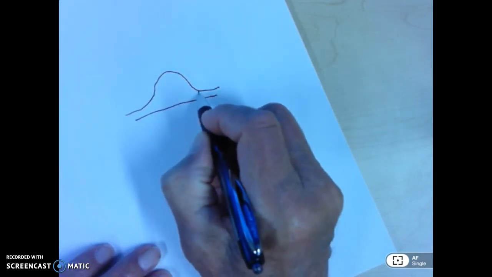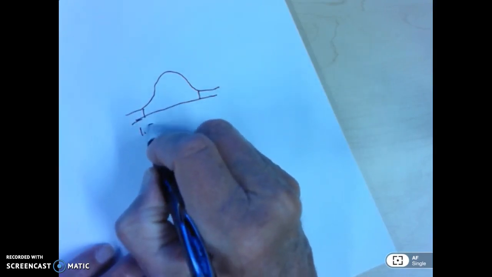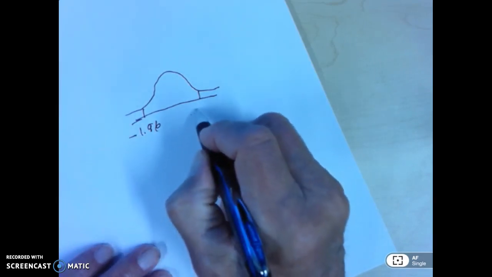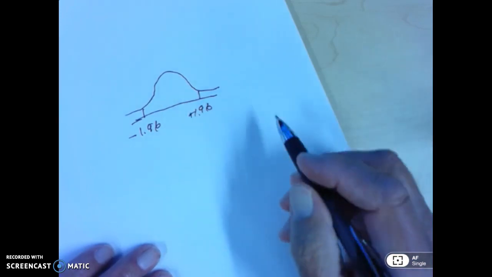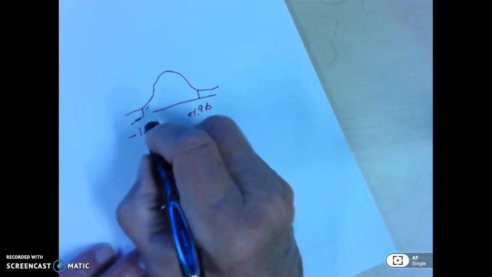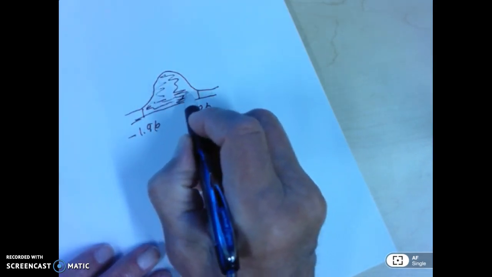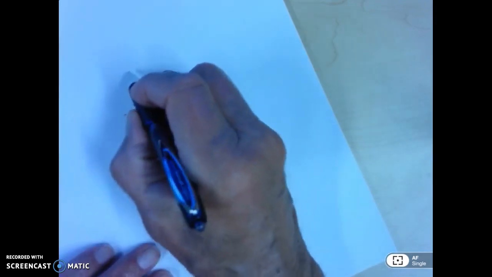And we have our alpha here and our alpha level here, negative 1.96, positive 1.96, okay, right here. And that means that in here we have a 95% chance that the null will work. Now this is on a 2-tail test.